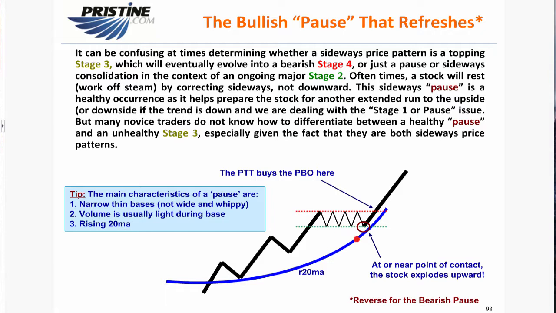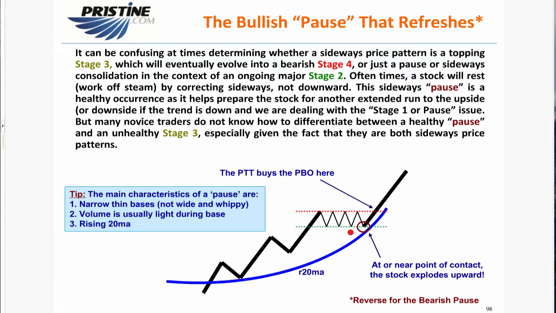Now, as far as entry is concerned, what we're looking to do is buy the breakout, buy the break above the top of the range. Some may ask, couldn't I buy at the bottom of the range off of major support? And you could do that. However, there's no guarantee that it's going to break out right after you enter.